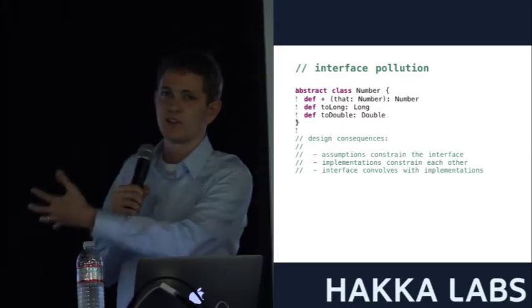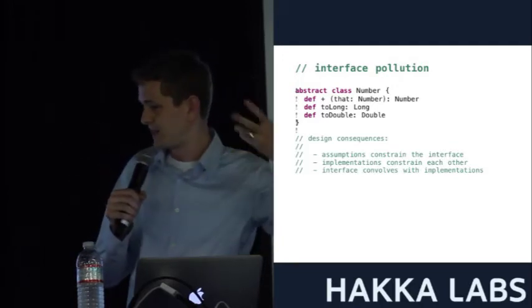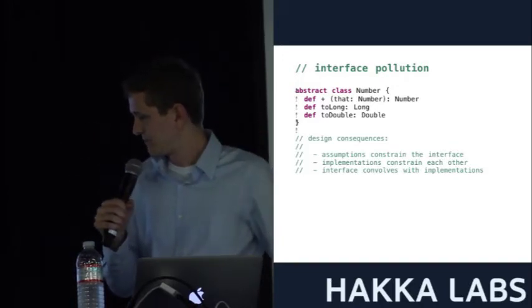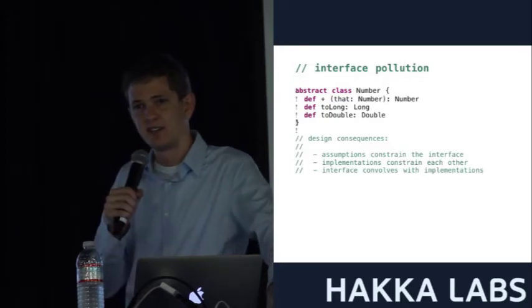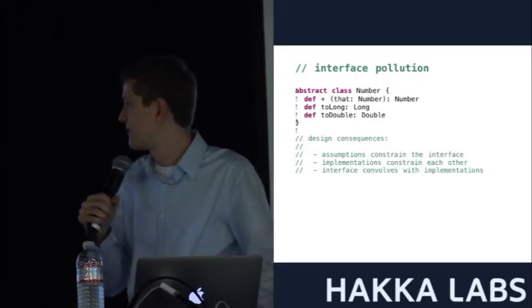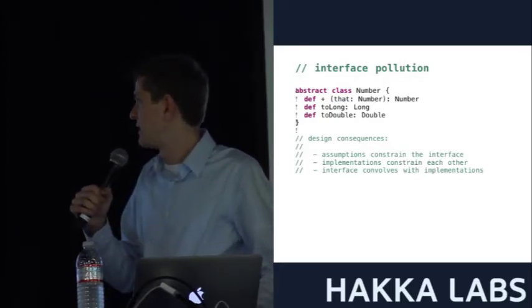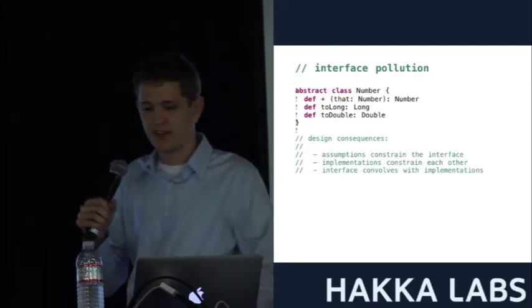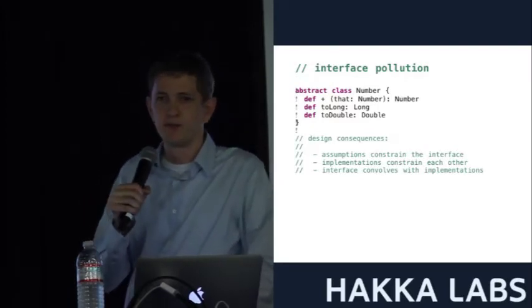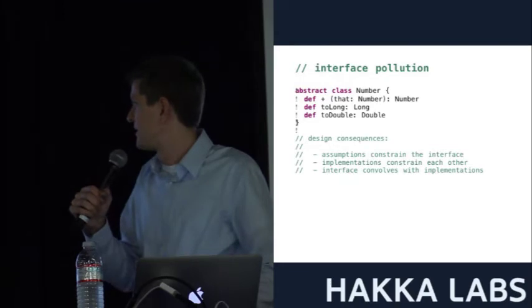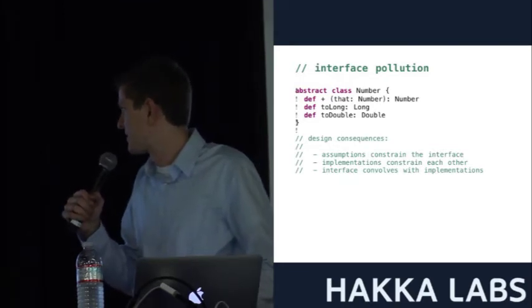And it's simple with conversions, but as you get into more taxing abstract members, the problem can get out of hand quickly. And you tend to just throw up your hands and give up on having useful abstractions or really general abstractions.